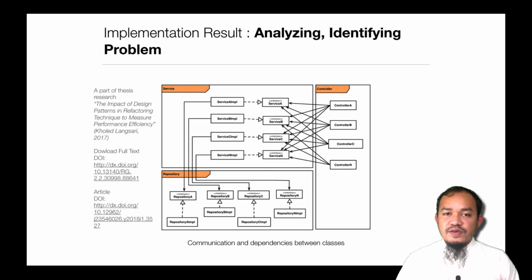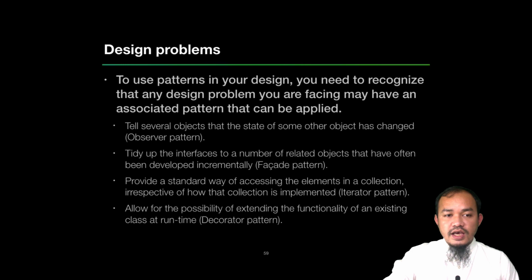So we have to look back at whether a pattern already exists or not. If not, we can create our own pattern, or propose our own pattern. But according to this problem, there may be some kind of pattern that can help us do this. As you look at this, you see line number 3: tidy up the interface to a number of related objects that have often been developed incrementally.